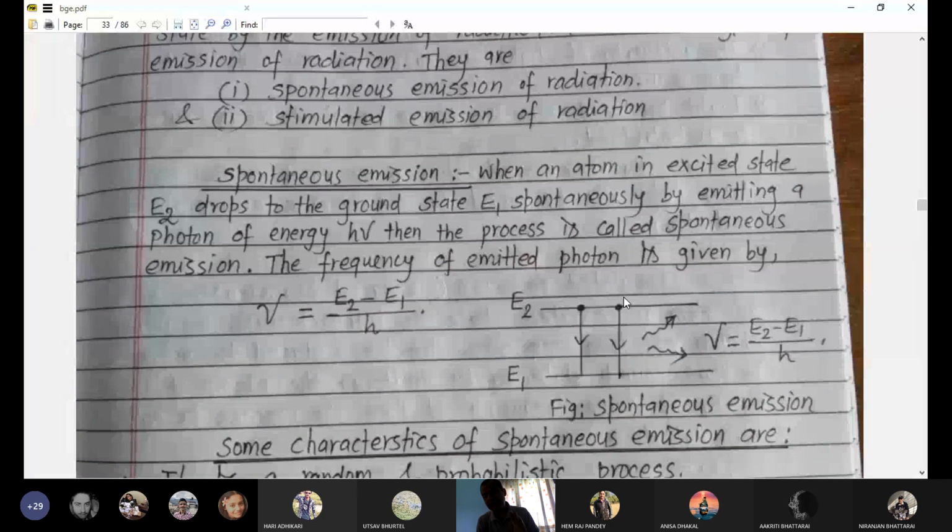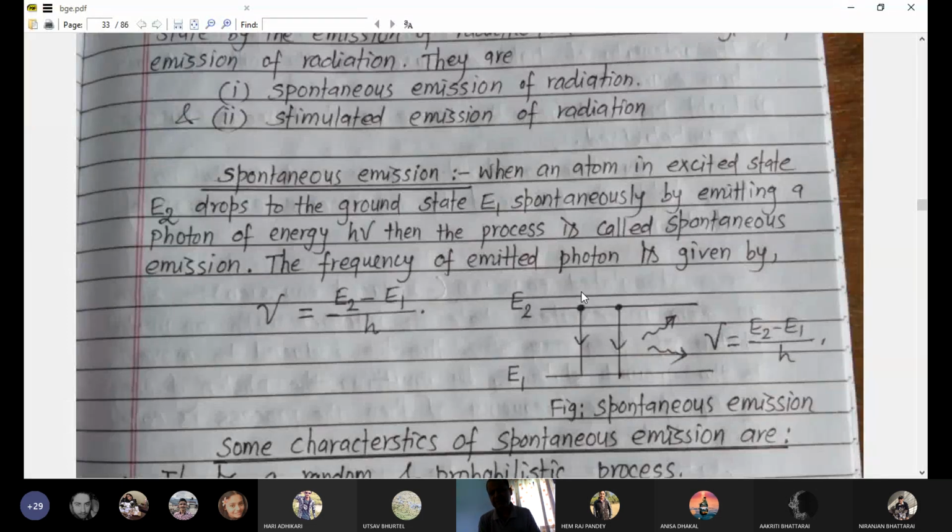When an atom jumps from higher state, that means excited state, to the lower state, that means ground state, then there is emission of radiation. A photon is emitted there. That means the process is called emission of radiation.